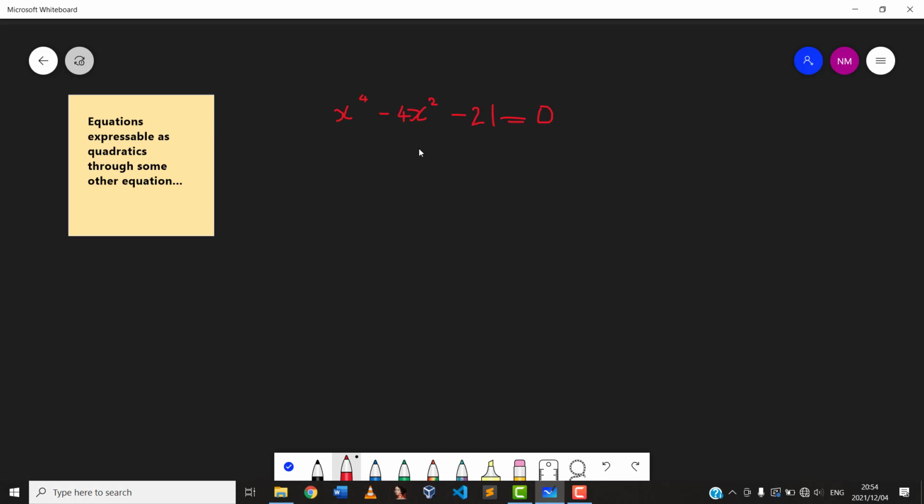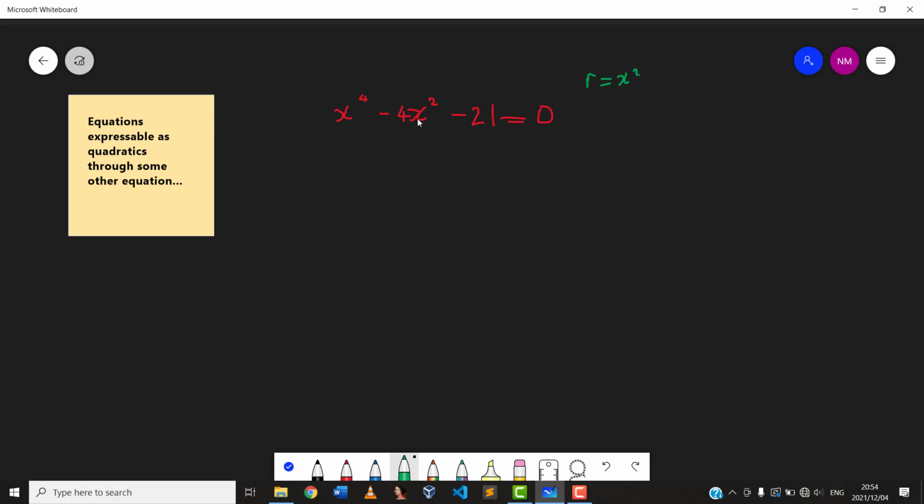So what we would do to solve something like this is try and use a substitution. So for example, we could say y equals x squared. Let's not use y. Let's use something more exotic. Let's say r equals x squared.